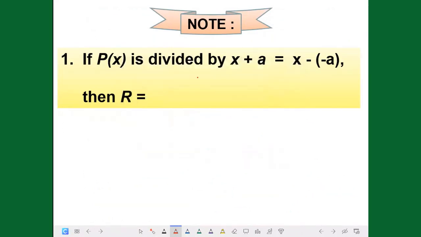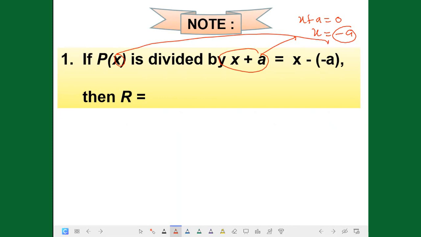Okay. If f(x) is divided by the divisor x plus a, equal to 0, x is equal to negative a. It means substitute x by negative a, because the template for the divisor is x minus something. For x plus a, it is x minus negative a.